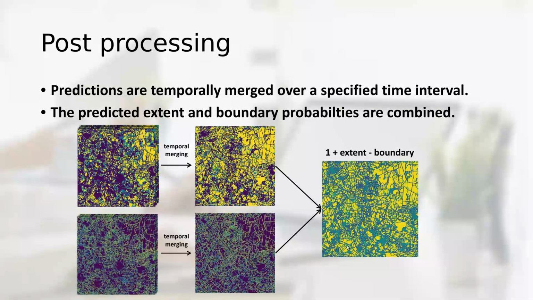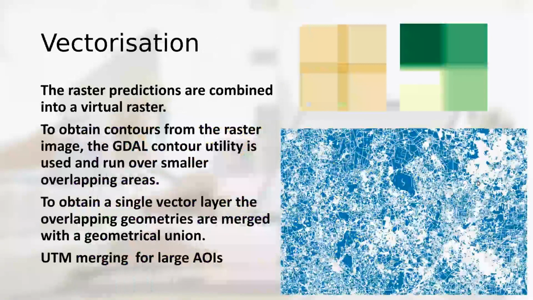After you have this mask, the one returned by combining extent and boundary, the last step is the vectorization. What we want out of this is not actually a raster image. We want a vector image, and we want vectors that we can use in our favorite GIS tool.